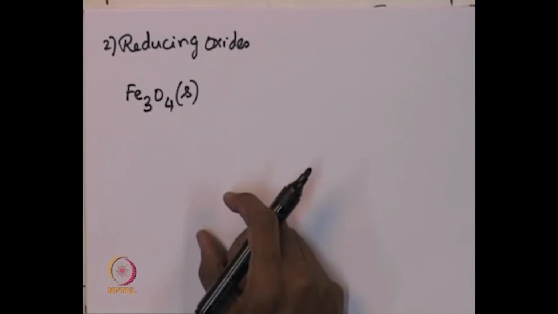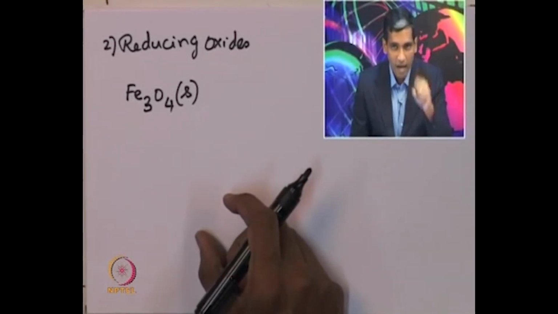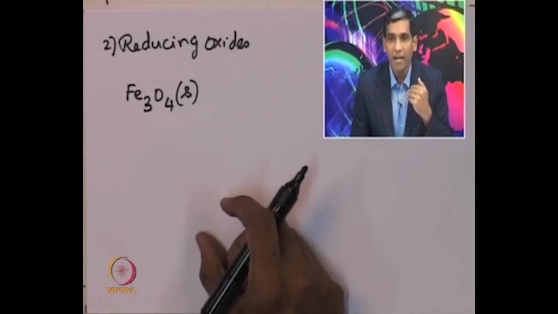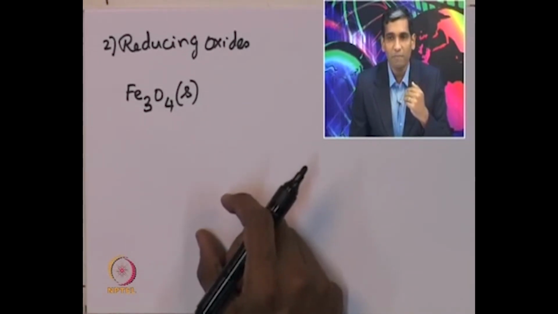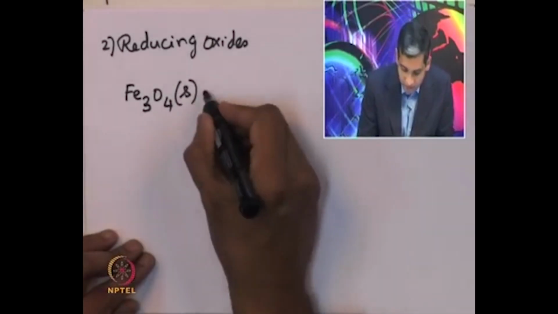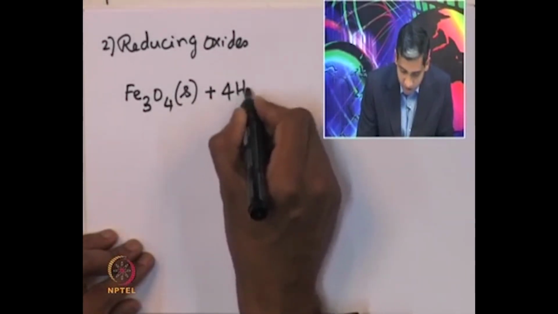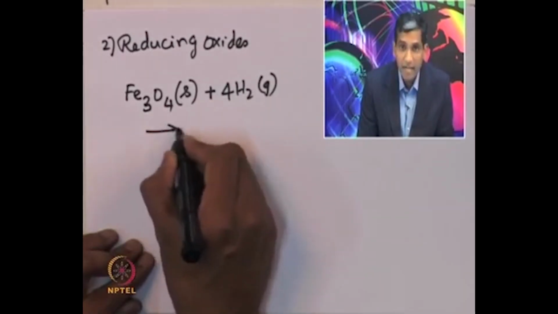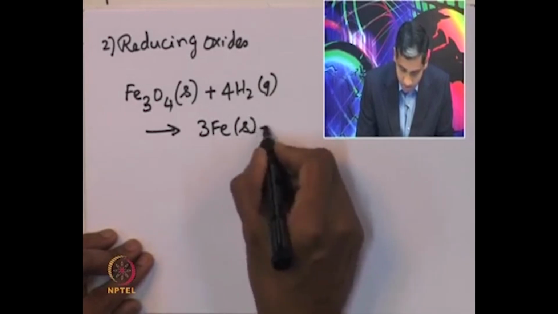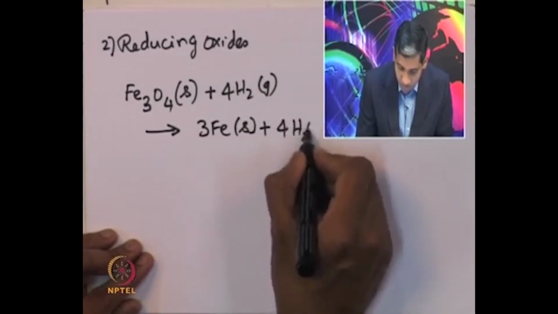What is done is it is crushed, then sized, and then fed into a continuous countercurrent fluidized bed reactor in the presence of hydrogen, and in the presence of hydrogen it gets reduced to form the metal iron. The reaction scheme is plus 4H2, which is again in the gas form, that leads to the formation of 3 Fe plus 4 H2O.